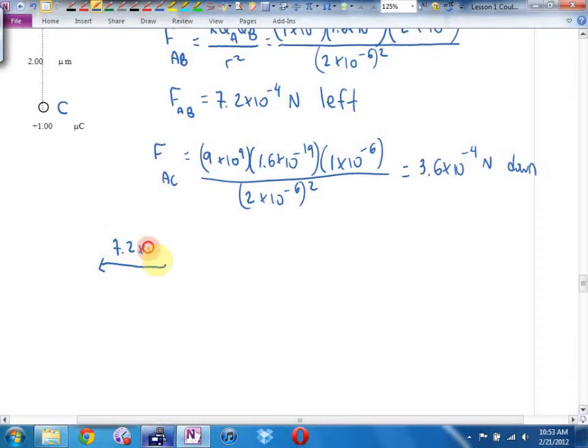7.2 times 10 to the negative 4. 3.6 times 10 to the negative 4. Okay, thankfully it's Pythagoras. That's going to be, and SOHCAHTOA. Oh, are we going to be using some trig buttons, Brett? Probably we need to be in degrees now since we're getting tricky with it.